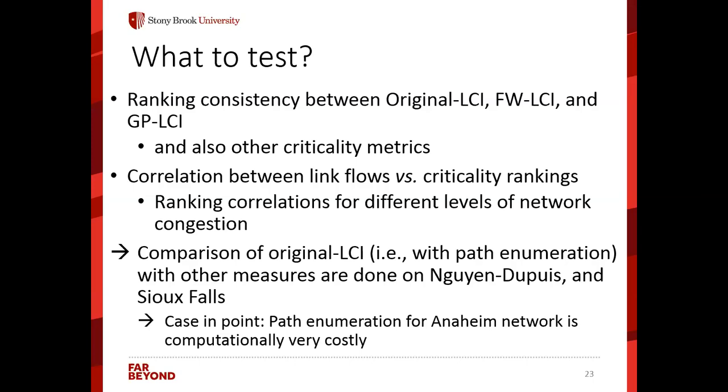So we couldn't even run the original LCI for the Anaheim network, which shows that the claimed computational advantage of the original LCI disappears as the network gets larger. For Sioux Falls, with similar size networks, it may take less time to run because there are not as many traffic assignments, but meanwhile, the path enumeration also blows up as the network gets larger.